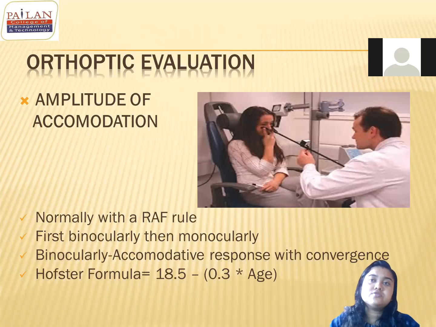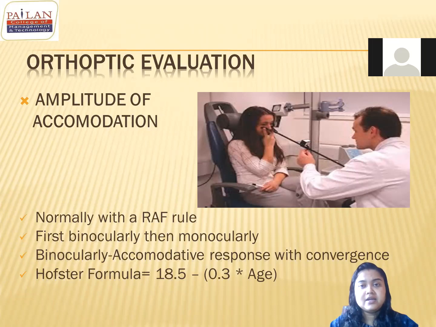For a 10-year-old child you need an accommodation of 15.5 diopters. If the child has around 14 diopters, his accommodation is a little lesser compared to his age. That's how we record the accommodation and compare it with the age factor; whatever age the patient is, accordingly he should have that amplitude of accommodation.